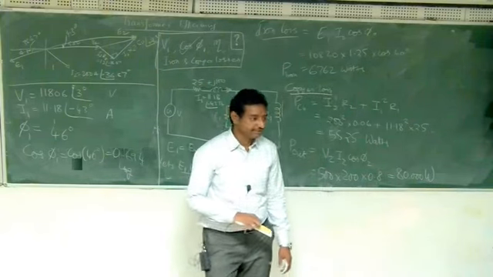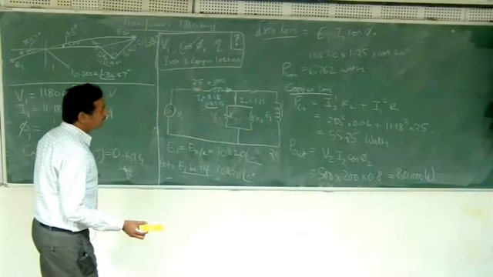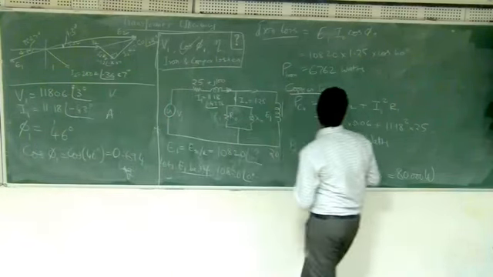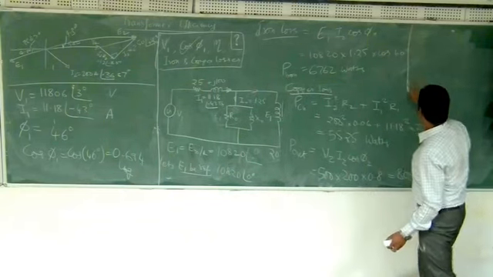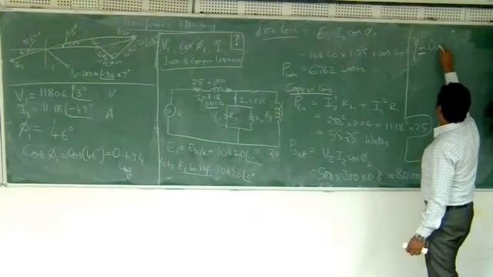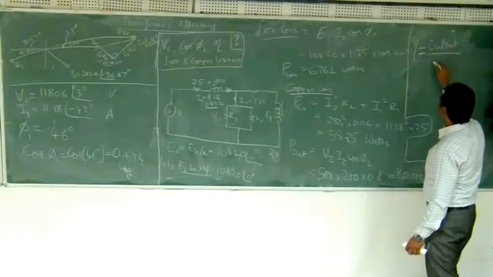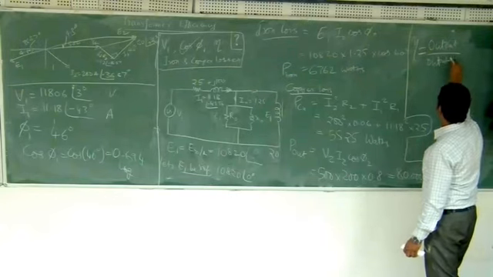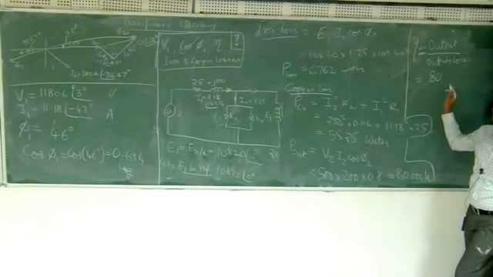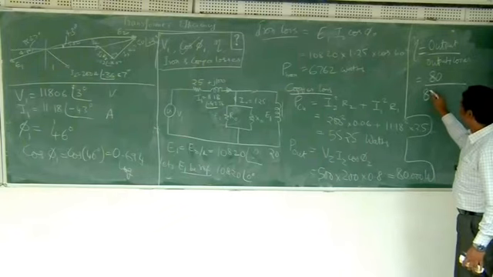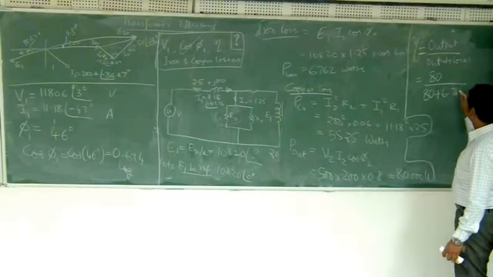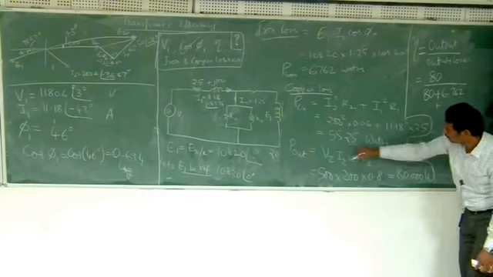Now I can calculate the efficiency. How do I find the efficiency? Efficiency is output by input, or I can write output divided by output plus losses. Output is 80 kilowatts, and I am doing it now in kilowatts, divided by 80 kilowatts plus 6.762 plus 5.525.